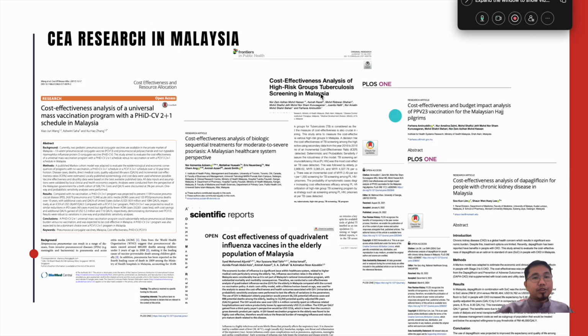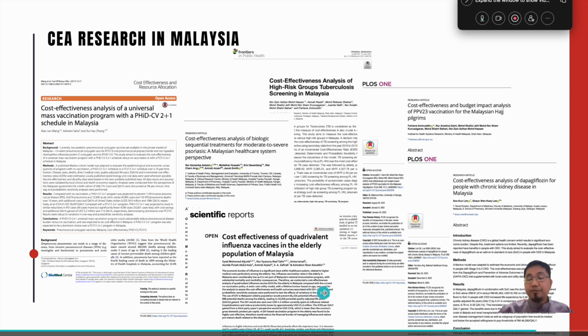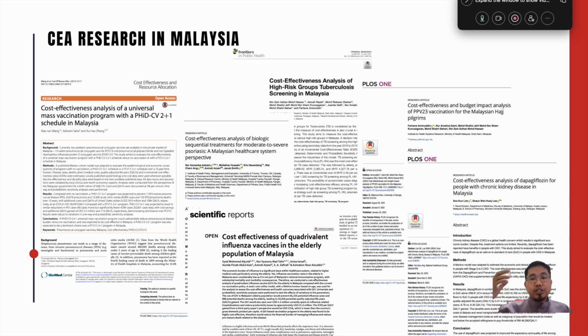We have a lot of CEA research in Malaysia. We have pneumococcal vaccination, either for children or pilgrims, people who want to go for haj. And then we also have the influenza vaccine for the elderly population. It is very relevant now, because our nation will become an aging nation in 2030, so we need to prepare ourselves for the elderly population.